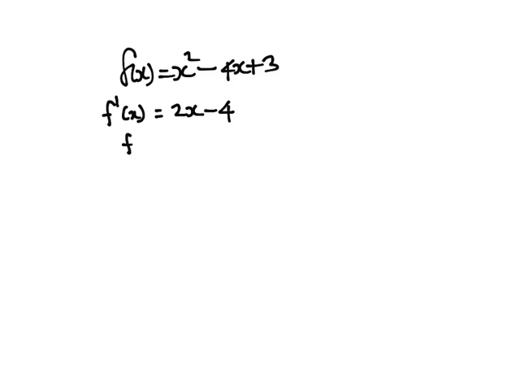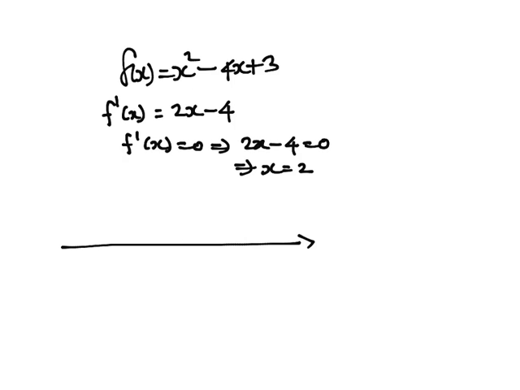Then I will equate f dash of x to 0. So f dash of x equal to 0 implies 2x minus 4 equal to 0, which implies x equal to 2. Now what does it mean? That means f dash of 2 is 0. That means at the point 2 you'll have a horizontal tangent.